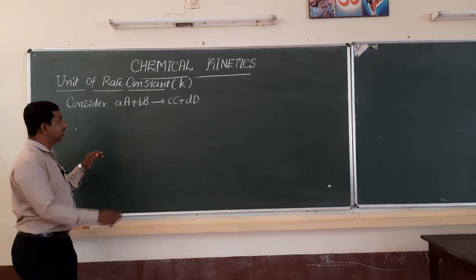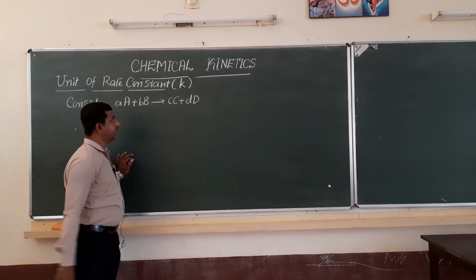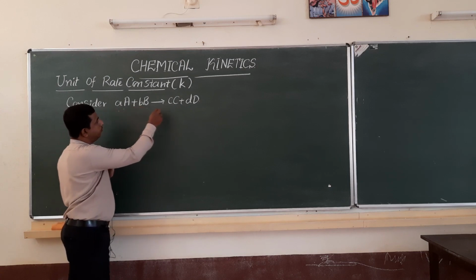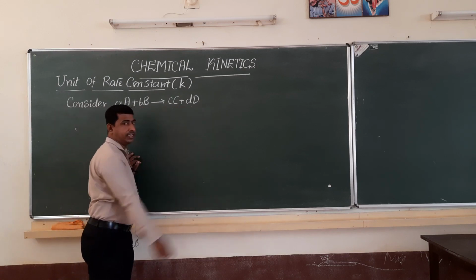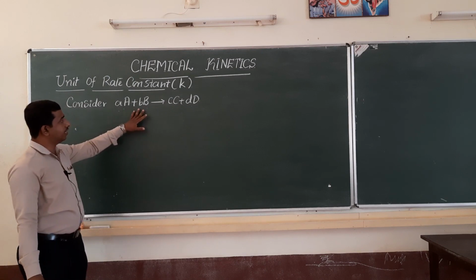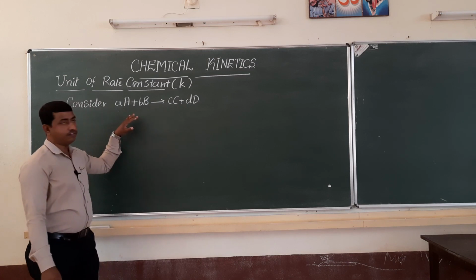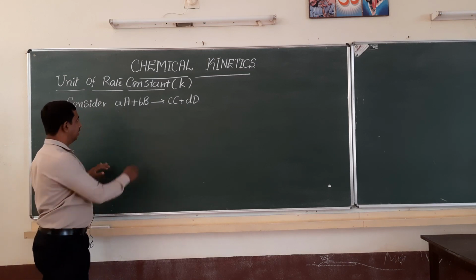The general reaction is A and B reacting to produce the products C and D. Small letters a, b, c and d represent the stoichiometric coefficients of the reactants A and B and products C and D. Now, the rate law for this reaction can be written like this.